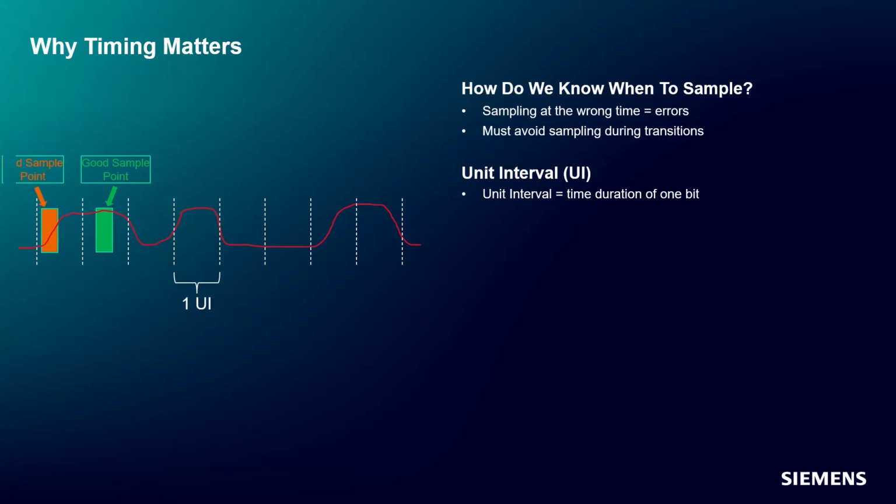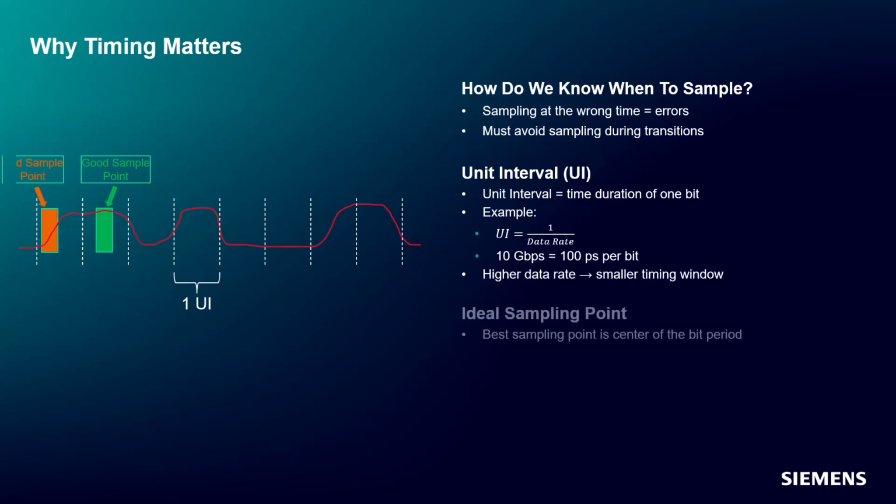At high data rates, the UI becomes very small. For example, at 10 gigabits per second, one UI is only 100 picoseconds. That means the receiver has a very tight window in which it must sample the signal correctly. Ideally, the receiver samples at the center of each bit period where the signal is most stable, but this requires precise knowledge of timing.